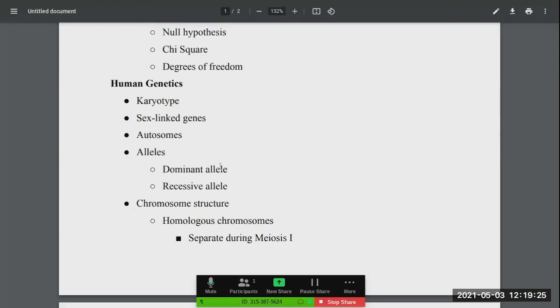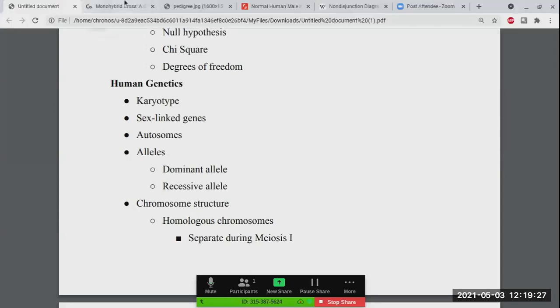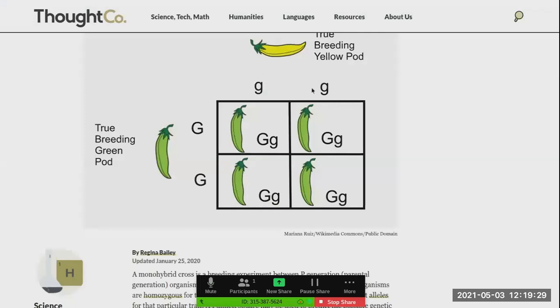That depends on what kind of allele you have. For example, in this case, the small g is called the recessive allele, and capital G is called the dominant allele. The reason is whenever there is the dominant allele, all the other alleles will be masked.